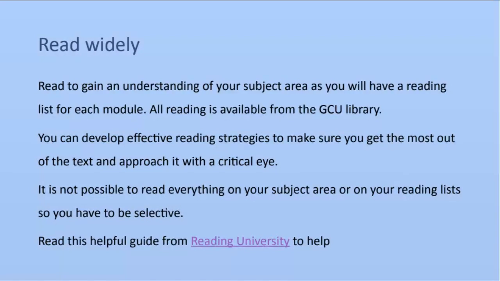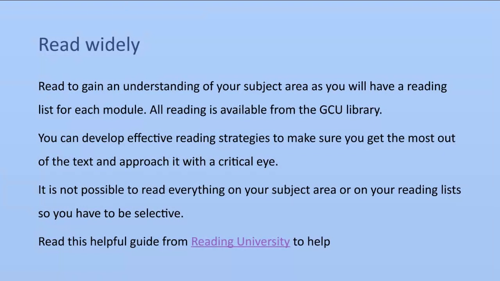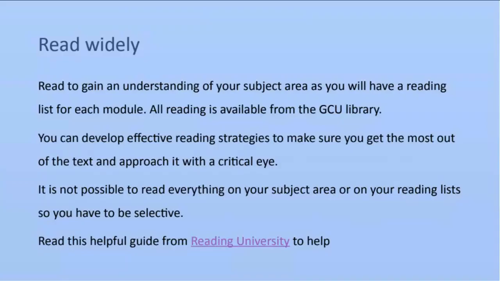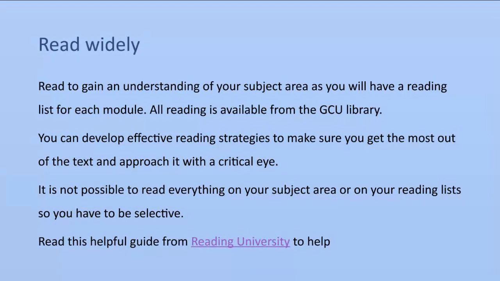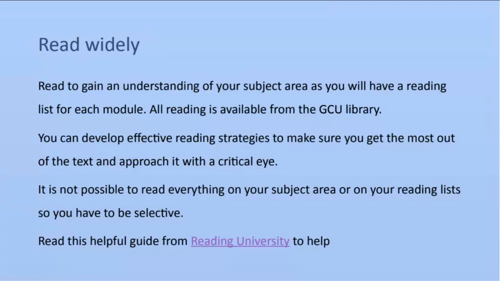If you go into the GCU library or put into Google "GCU library subject librarian", there's a subject-specific librarian for each school. So for the School of Engineering, Computing and Built, there's a librarian there, and if you say what you can't find, they'll be able to find it for you and point you in the right direction. You're getting stuff from the GCU library because there's a far greater breadth of material there, and also it's free. You don't have to pay for it, whereas if you went to Google Scholar, you'd often have to pay for something.